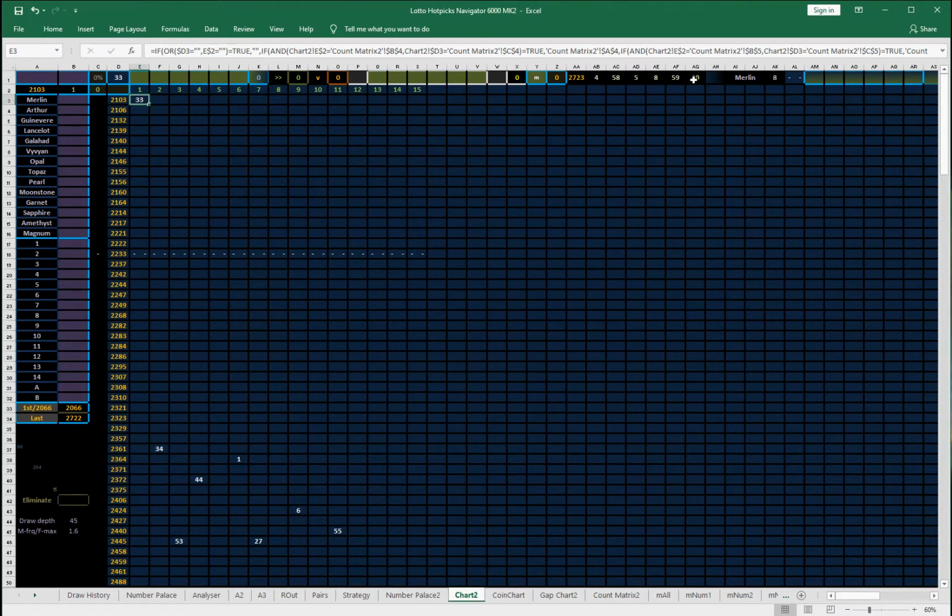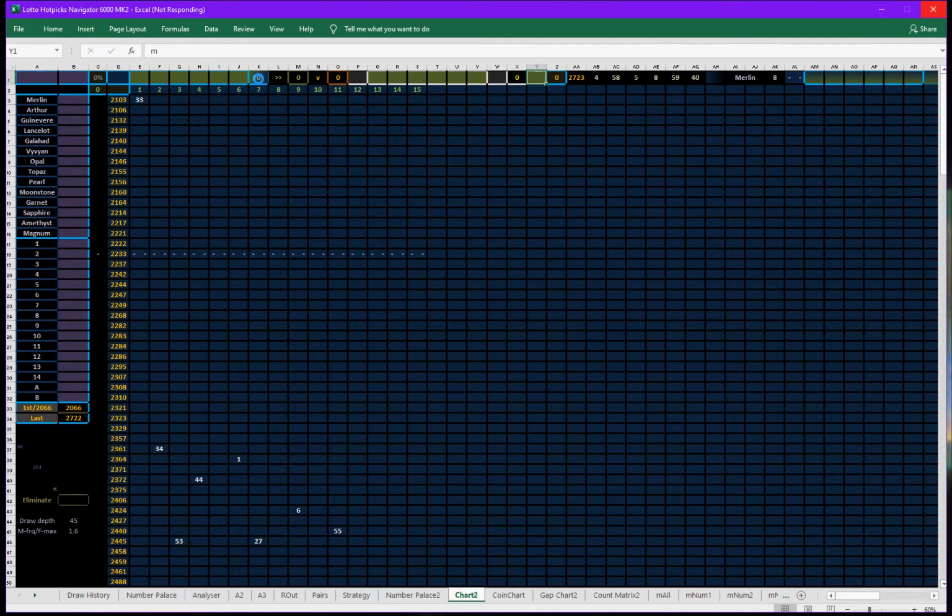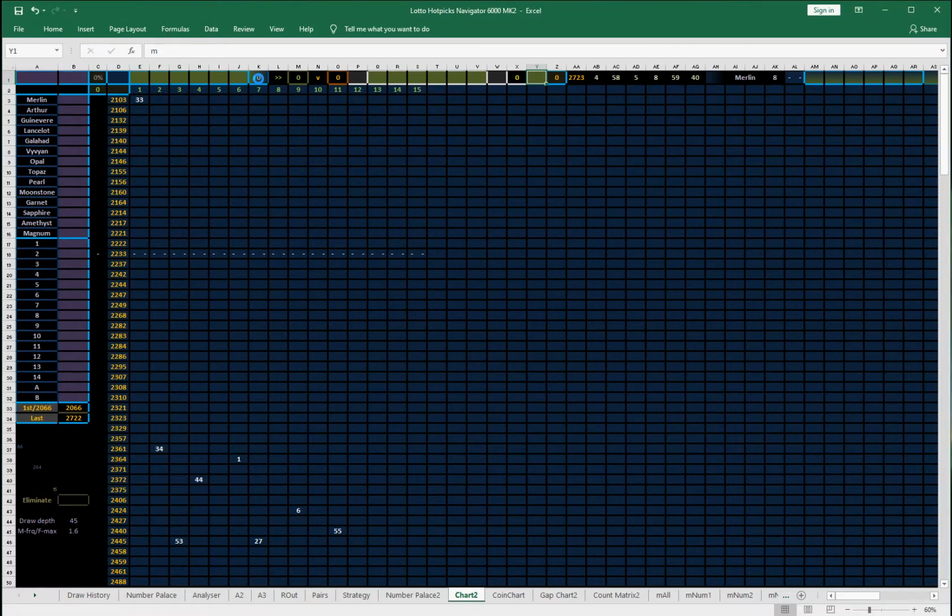Now 40 and 33 have a very interesting relationship with each other, which I can show you on a normal chart for number 40. So it makes sense for 33 to be drawn in a draw with number 40.